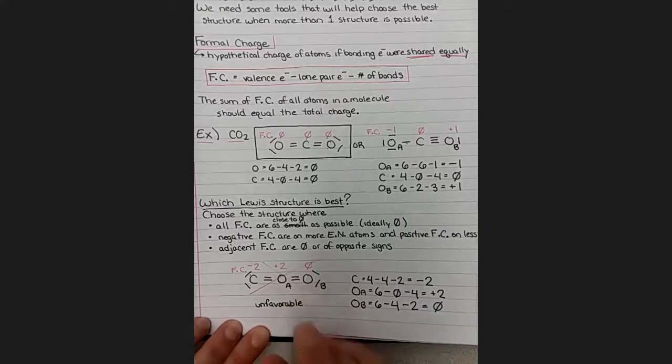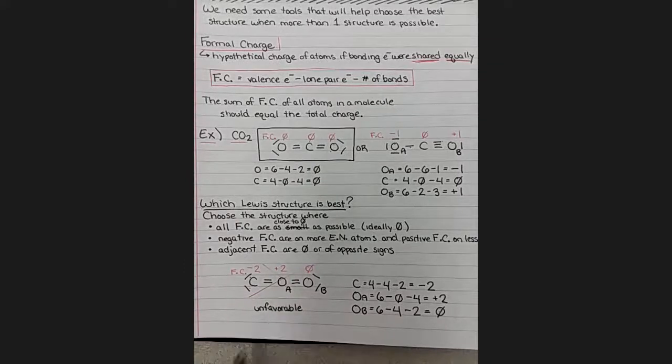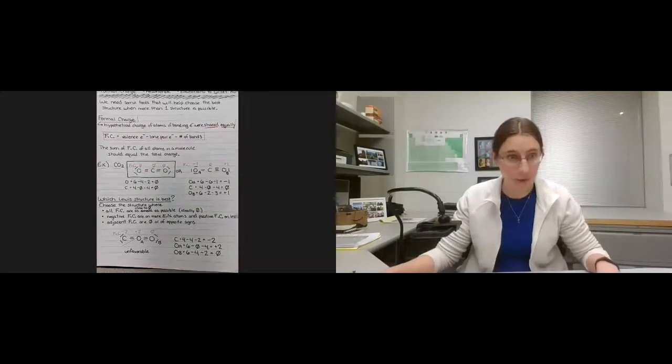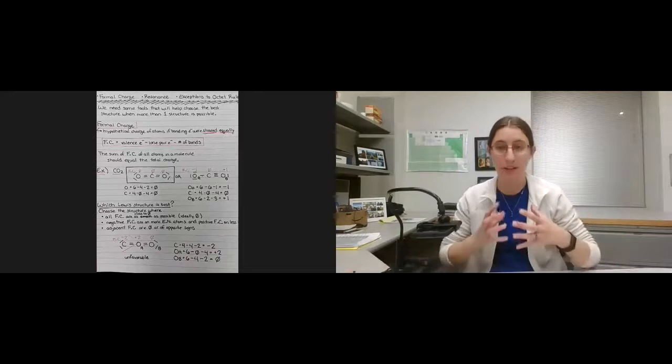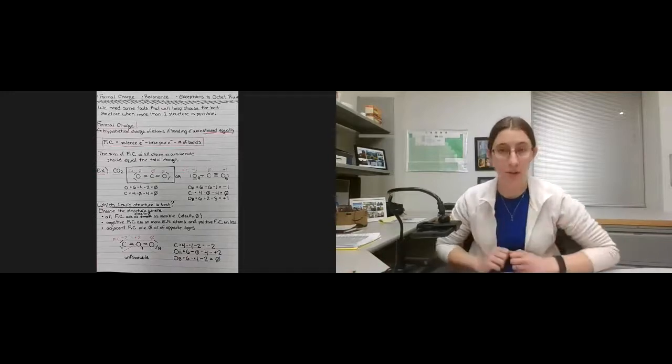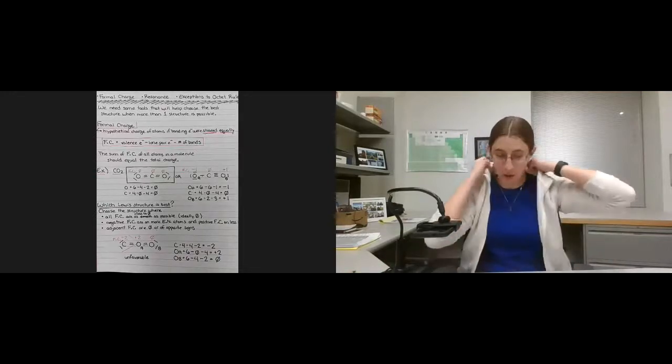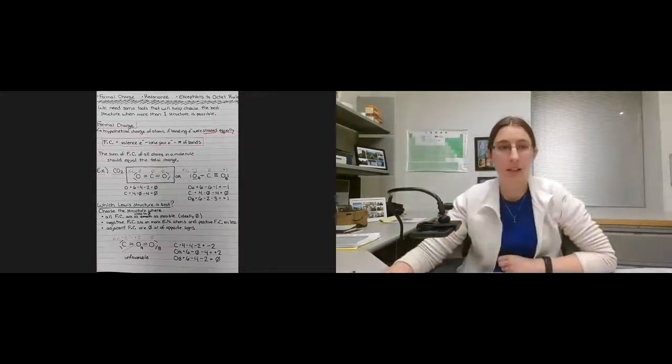And so this is why we always recommend that carbon be considered a central atom, because carbon has an unfavorable formal charge when it is listed as a terminal atom. So that's how we use formal charge to make decisions about which of several possible legal Lewis structures is okay. In the next video, we'll learn about our second tool, resonance.